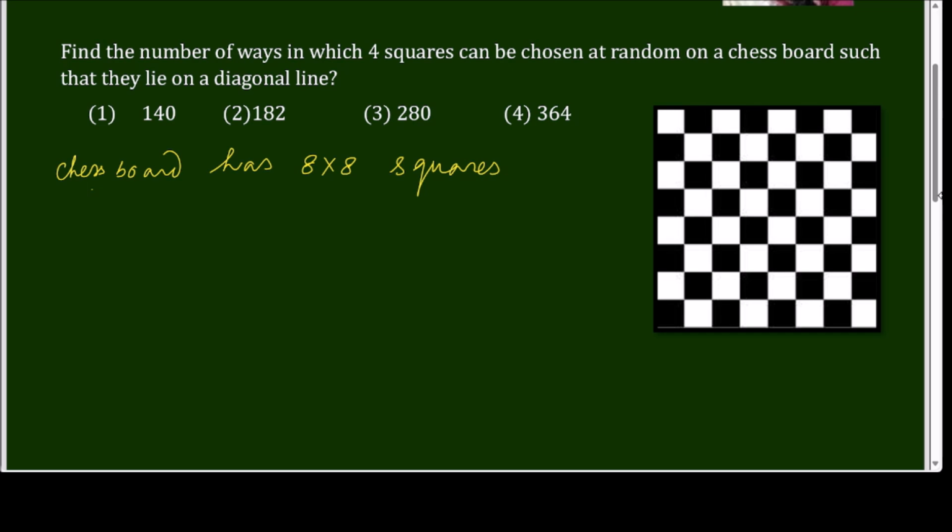The main diagonal is from top left to bottom right. This is one diagonal, second diagonal, third, fourth, fifth, sixth, seventh, eighth, then again from here another 7. So there will be 15 diagonals.